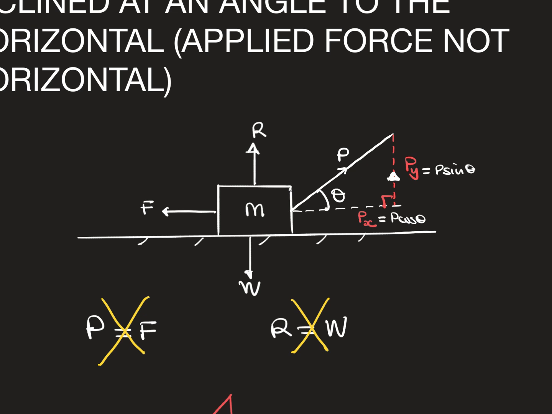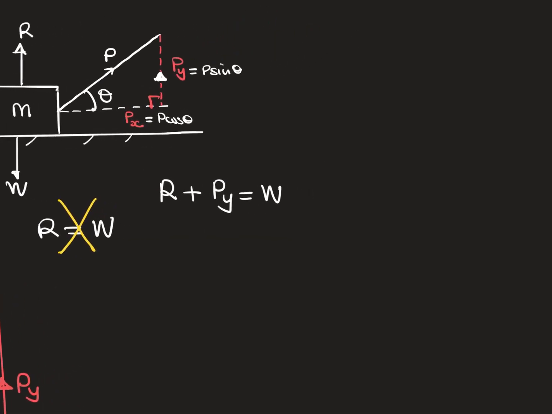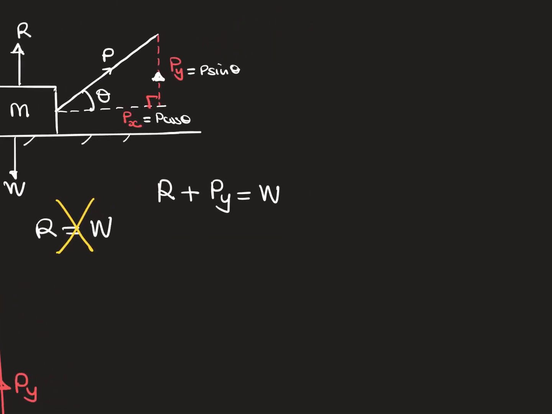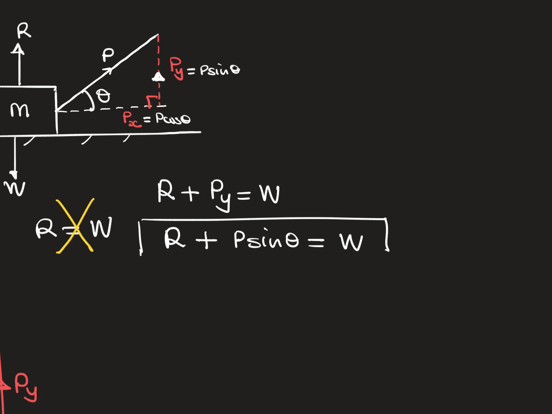Okay, so R plus Py is equal to the weight. So if we develop this equation, that will be R plus P sine theta, and this is equal to the weight. So this is an important formula in a situation like this.